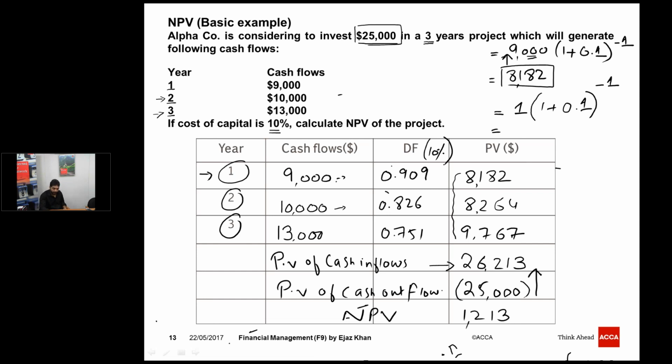So the question is, will you be given the discount factors in the exam? Yes. Your question paper will have the discount factor table, which is called the present value table, and it will look like this.